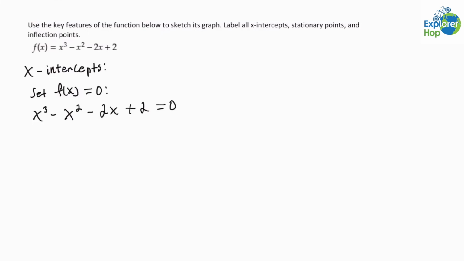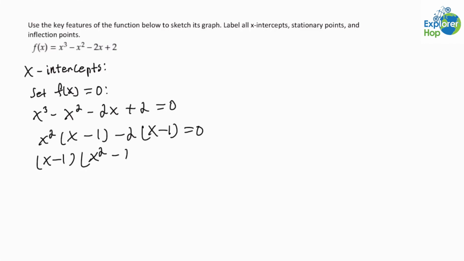So factoring out an x squared from the first two terms and negative 2 from the last two terms, we get that x squared times x minus 1 minus 2 times x minus 1 is equal to 0, which means that x minus 1 times x squared minus 2 is equal to 0.